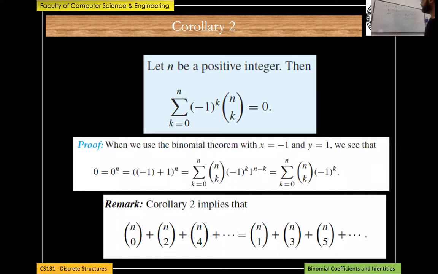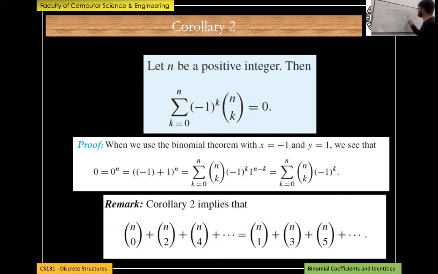However, there's one more thing. If we take this corollary, we can actually imply that n choose 0 plus n choose 2 plus n choose 4 plus so on is equal to the sum of all the odd terms. So the sum of all the even terms in the combination is equal to the sum of all the odd terms. And that is true because when you expand this summation, minus 1 for all the odd terms is going to be negative, and for all the even terms it's going to be positive.